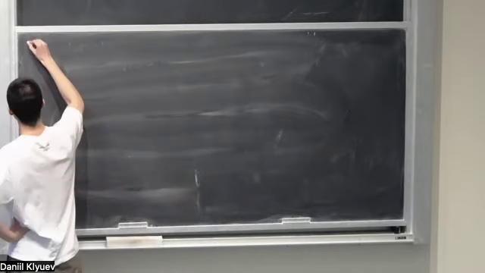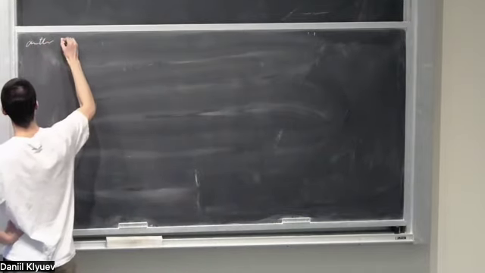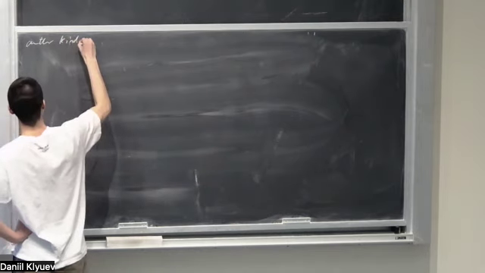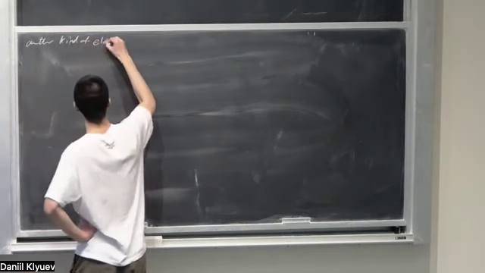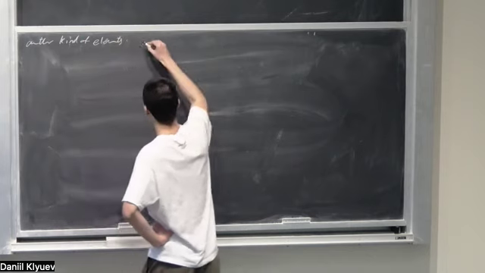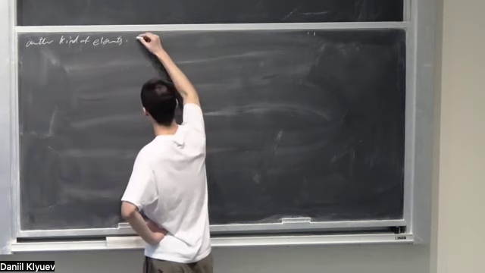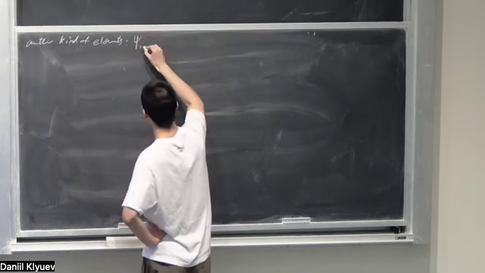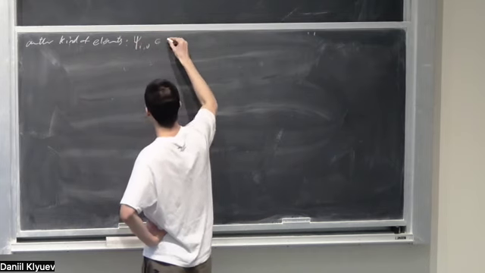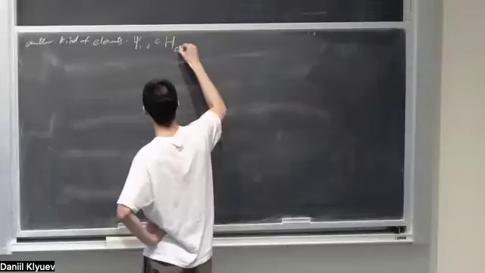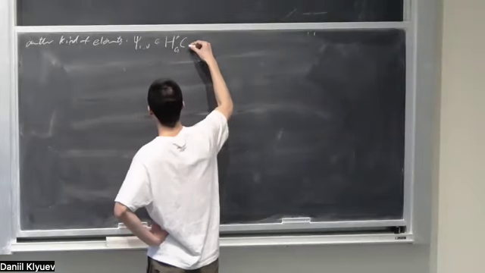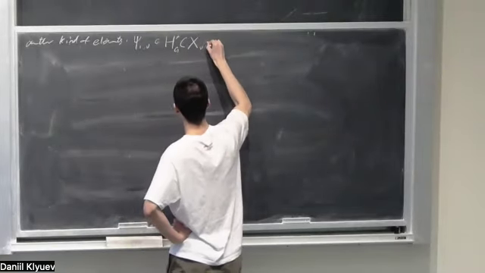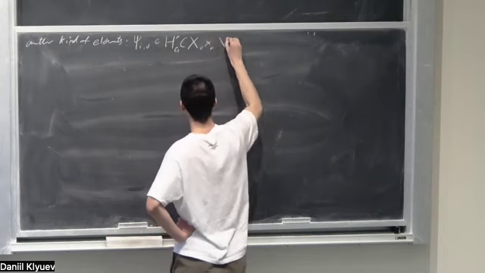Another kind of elements. Call them psi I, comma U, in the G-equivariant homology of XU tensor XU.